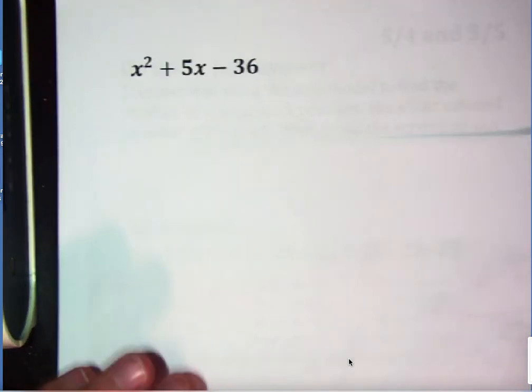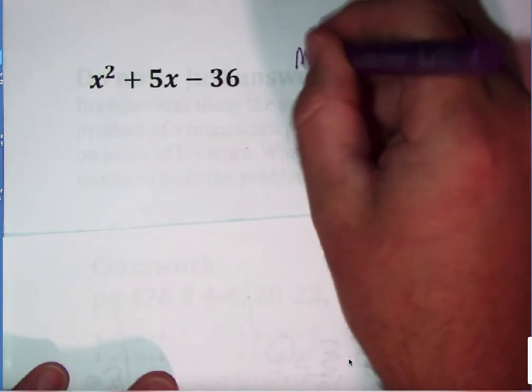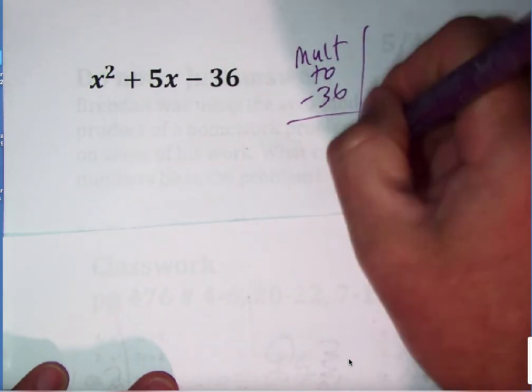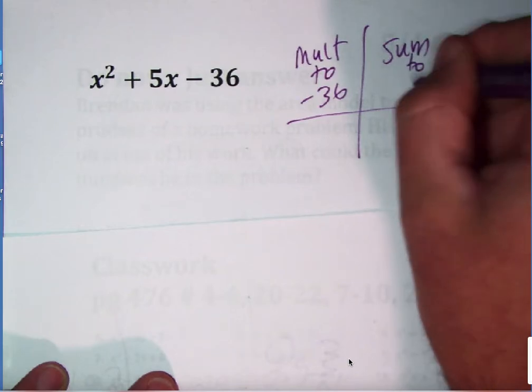All right, there's one more before you're set off to classwork. Same idea works. A trinomial that used to be 4 terms, so we're going to find things that multiply to negative 36, sum to 5.